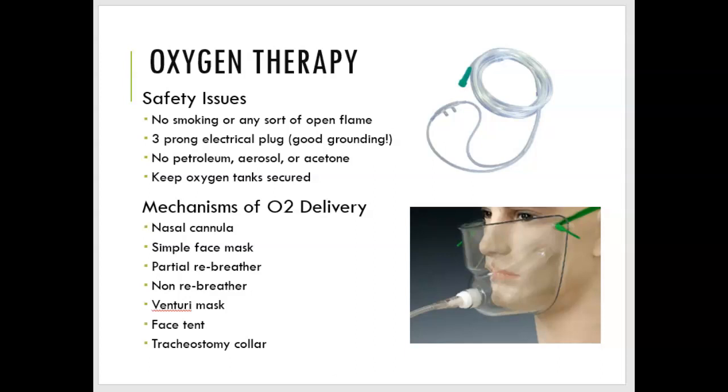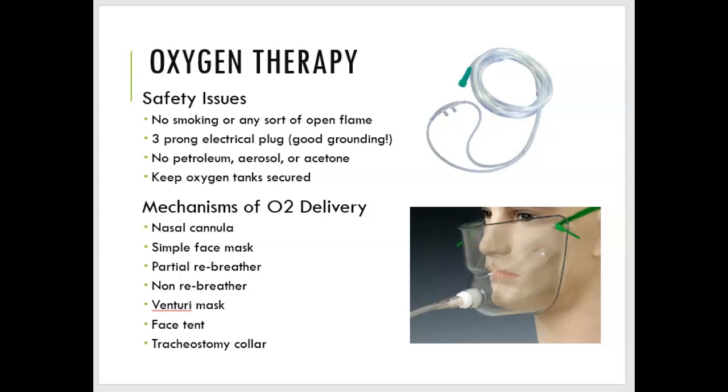So, safety issues with oxygen therapy. Again, oxygen is a flammable gas. Not only is it a flammable gas, but it is also a medication, and that's something else that you need to remember. We need to keep this flammable gas away from open flames and we need to keep the flames away from the gas.